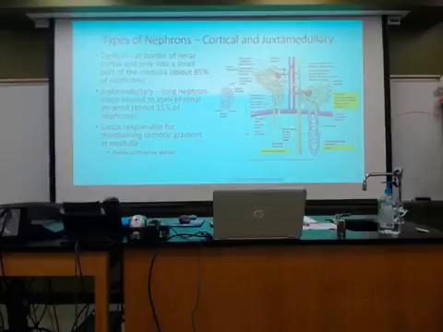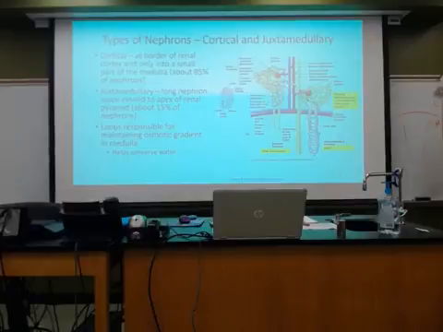So I've got my cortex, I've got my medulla, all right? And the medulla has those renal pyramids, right? Okay? This medulla portion, we need to have an osmotic gradient.